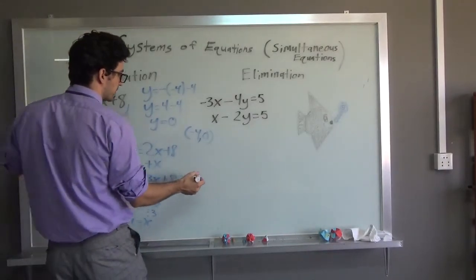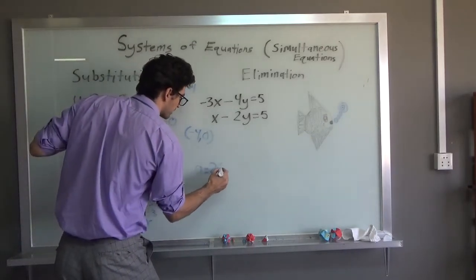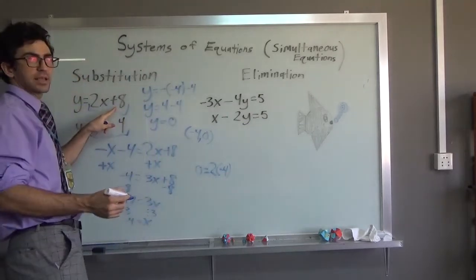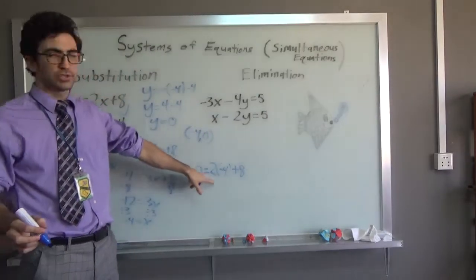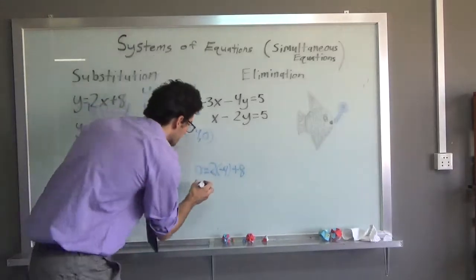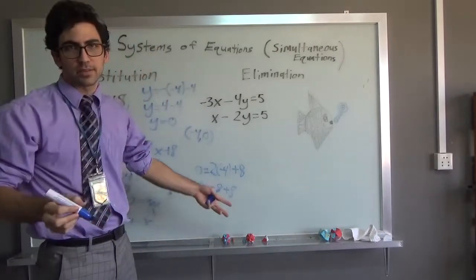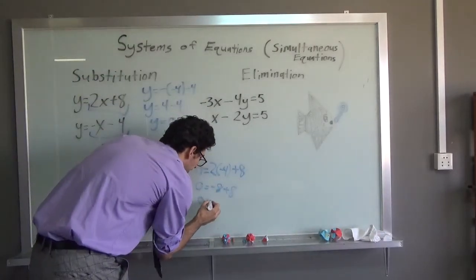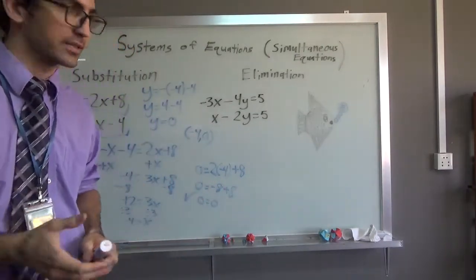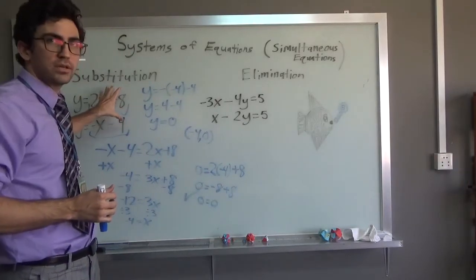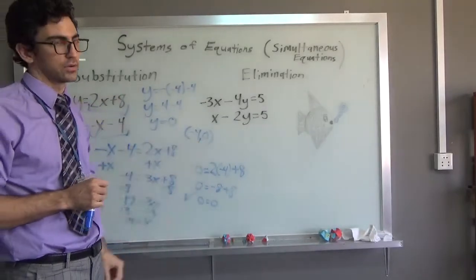So we have 0 equals 2 times negative 4 plus 8. 2 times negative 4 is negative 8. 0 equals negative 8 plus 8. Negative 8 plus 8 is 0. 0 equals 0, and we can put a big check next to it. We have found the correct answer. So the correct solution using substitution is (-4, 0).